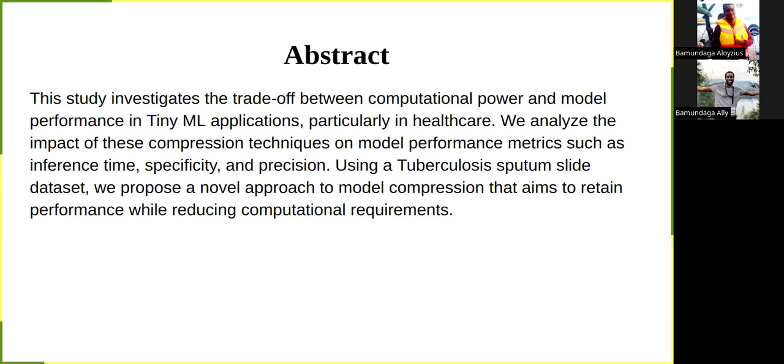These are the metrics we can use rather than accuracy, because accuracy is not that reflective in machine learning of late. Now, using the tuberculosis pattern slide dataset, I propose a novel approach to model compression that aims to retain performance while reducing computational requirements. So we continue to the next slide.